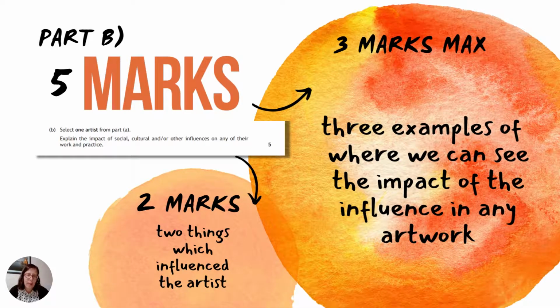So there's 2 points to this. I recommend that you mention 2 specific things which happened or which influenced the artist. Then go on and give examples where we can see the impact of that influence in the artwork.